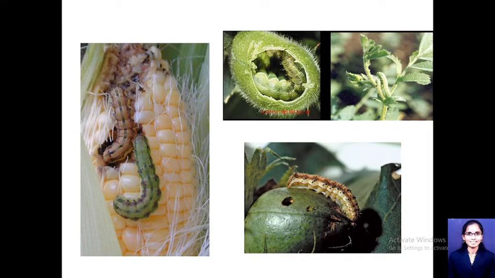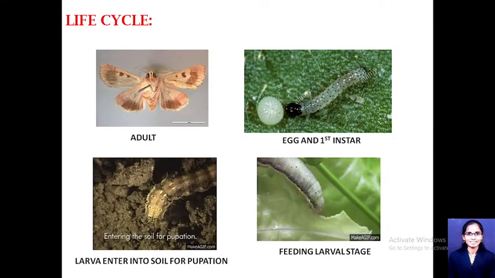This is one of the damaging stages of this insect. It damages the maize, it damages the pods, and it also damages the cotton balls as well as the leaves of different plants such as soybean, maize, etc.